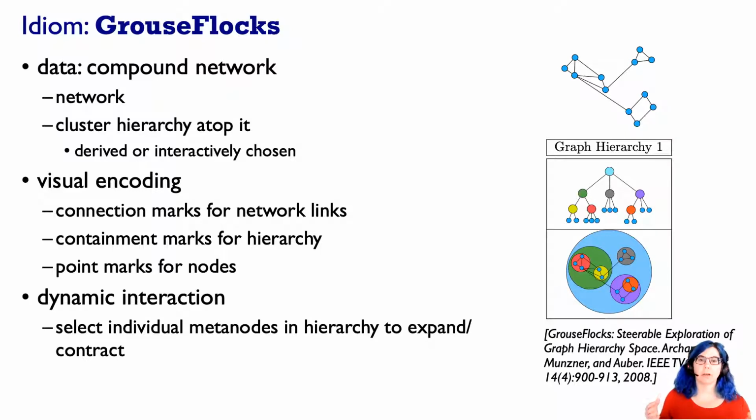We were using a node link approach where we had connection marks for the links of the base network, and then we would show this hierarchical structure and allow you to interactively expand or contract these meta nodes. We had the cluster hierarchy shown as these larger meta nodes, which were circles, just like the base nodes in the original graph. This idea certainly has been used in other systems as well. The idea is that you could do something dynamic where you could explore very large graphs using this sort of multi-level structure.